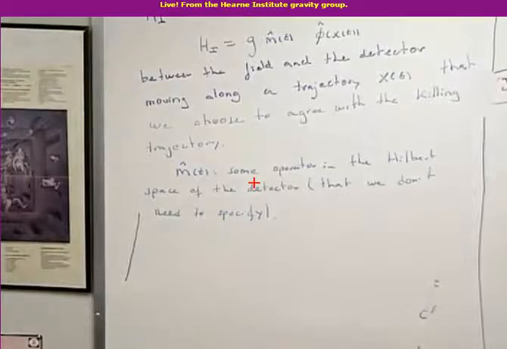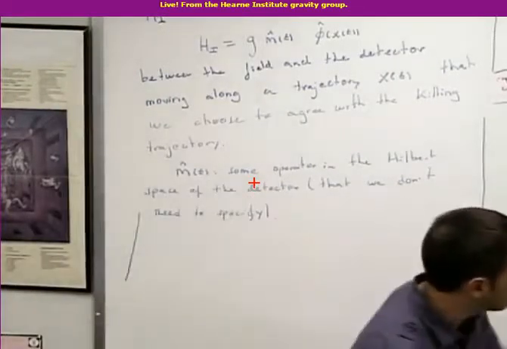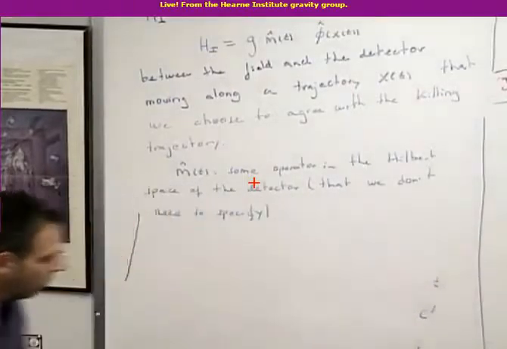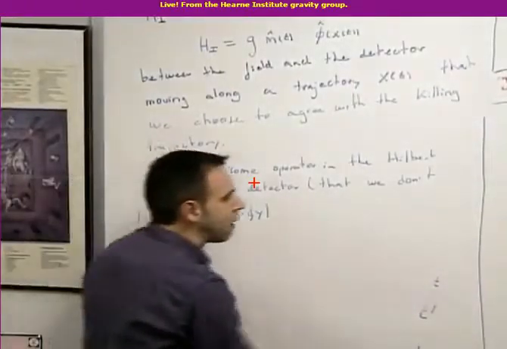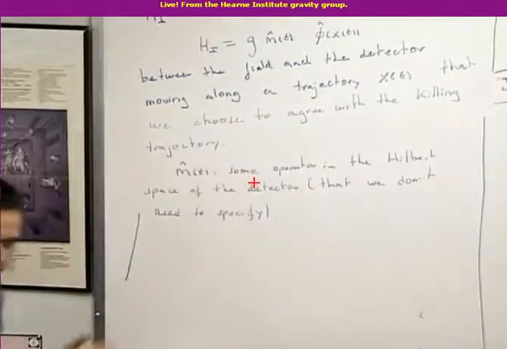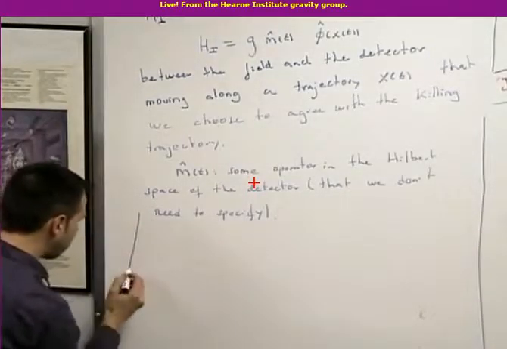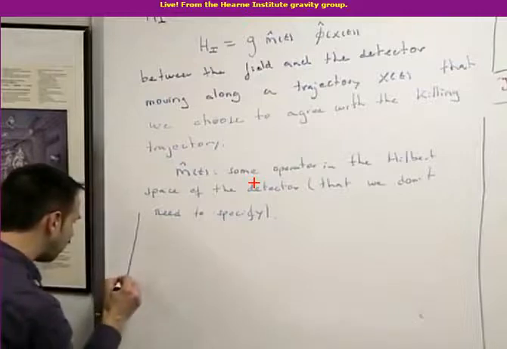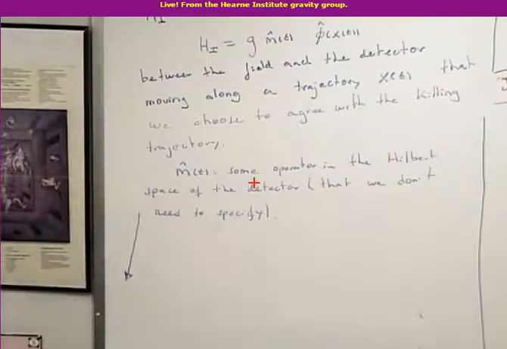Okay. Are we still working in static? Yes, I am still in stationary spacetime. Maybe I didn't emphasize it. So I work because we have this definition of particles in stationary spacetime. So we have these Killing trajectories, and we have a detector that I modeled by a simple mechanical system with two energy levels: the fundamental state and the excited state.